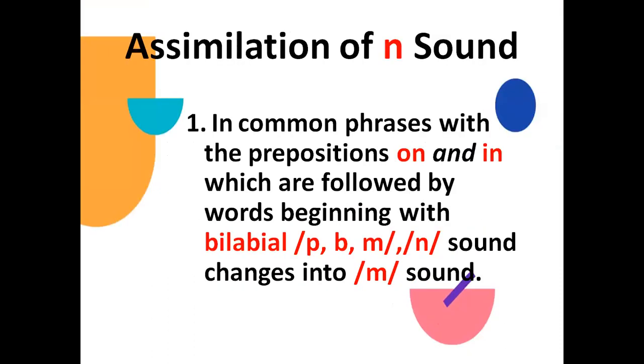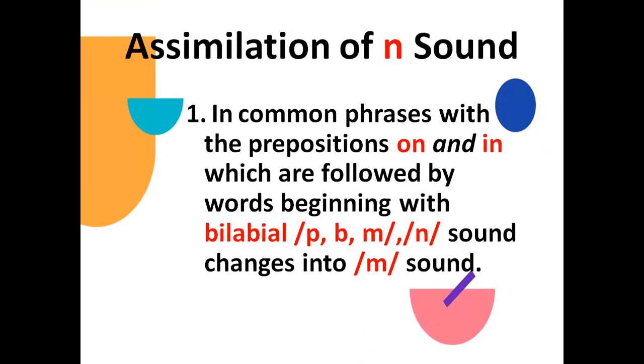First, we'll consider assimilation of the n sound. Now, always remember, in common phrases with the prepositions on and in, which are followed by words beginning with bilabial p, b, and m sounds, the n sound changes into the m sound.